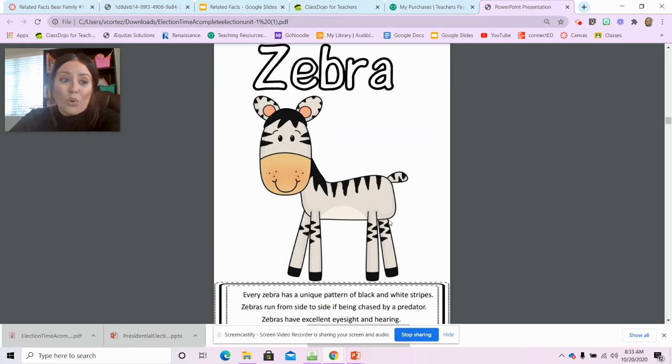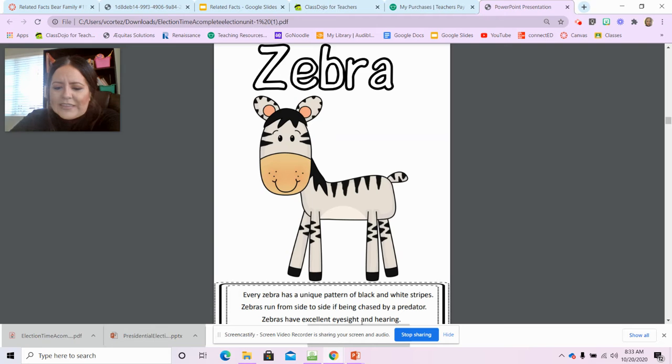That means that no zebra looks exactly the same. Zebras run from side to side if being chased by a predator. And we know that a predator is an animal that tries to eat them. So the zebra runs from side to side when a predator is chasing him or her. Why do you think a zebra would run from side to side if a predator is chasing them?